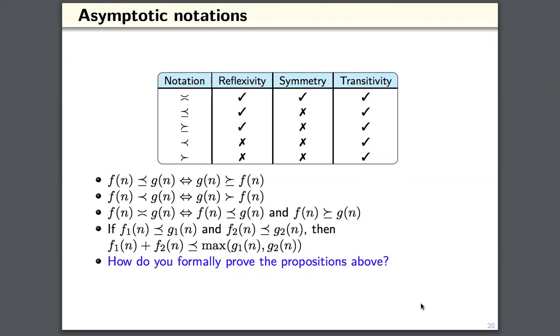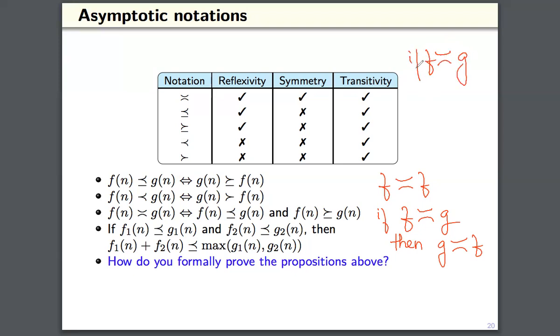F is asymptotically equal to F. Symmetry: if F is asymptotically equal to G, then G is asymptotically equal to F. What about transitivity? If F equals G, and G equals say H, then F is asymptotically equal to H. That is transitivity.